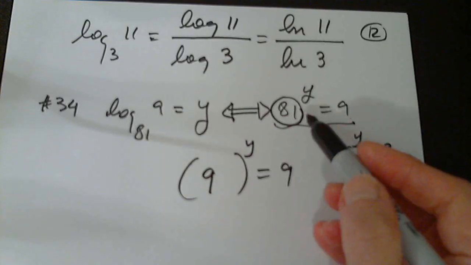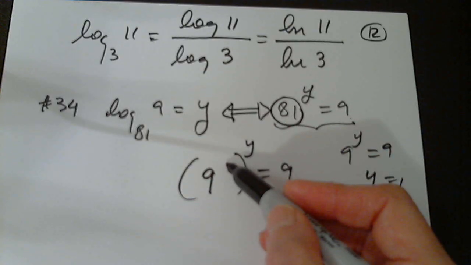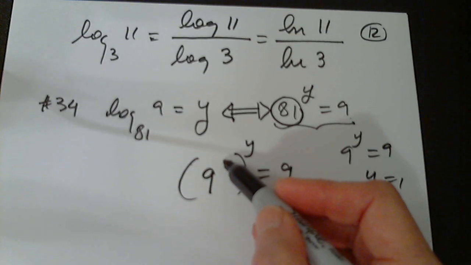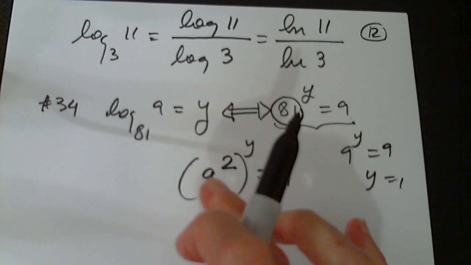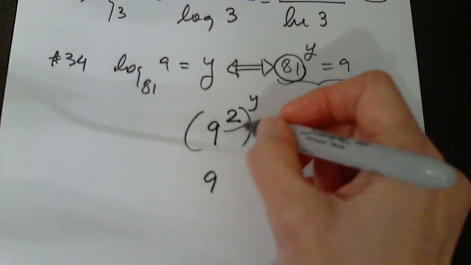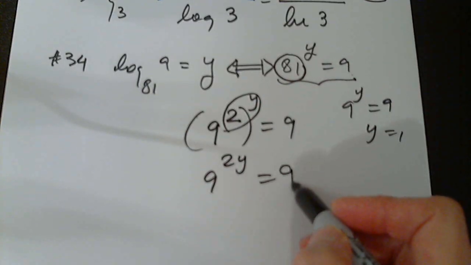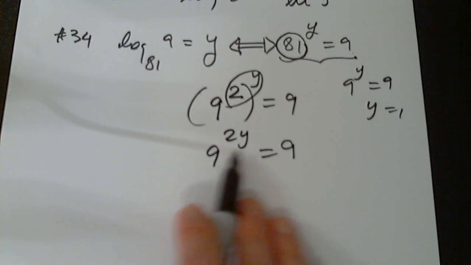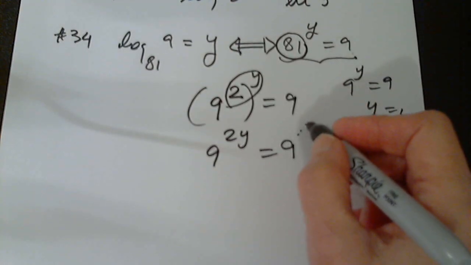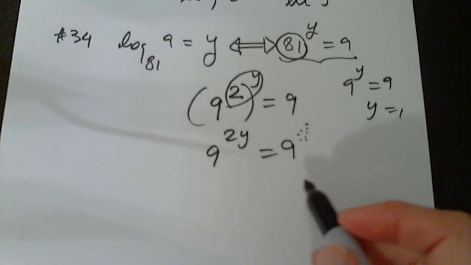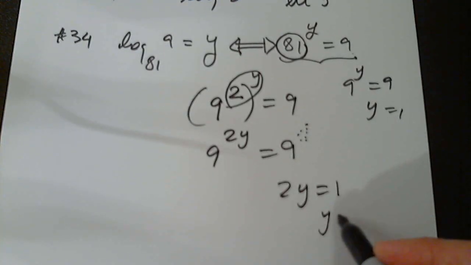Nine to which power is 81? Nine raised to 2. Very good. Copy the base, multiply the exponents. So then I know 2y must be 1. There is no other way. So if 2y equals 1, then y equals 1/2.